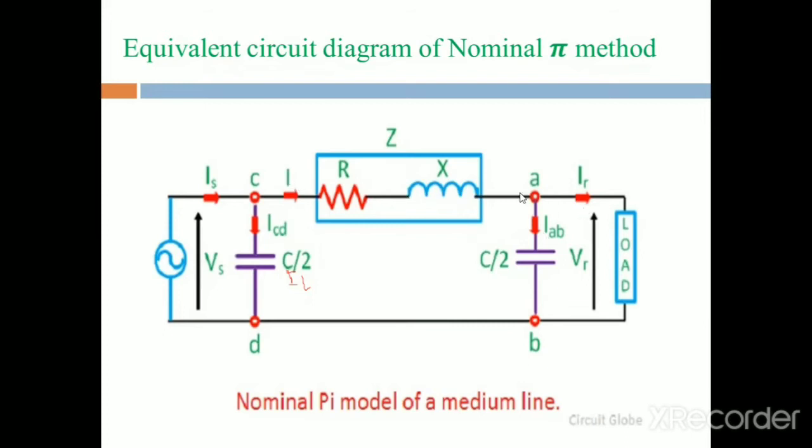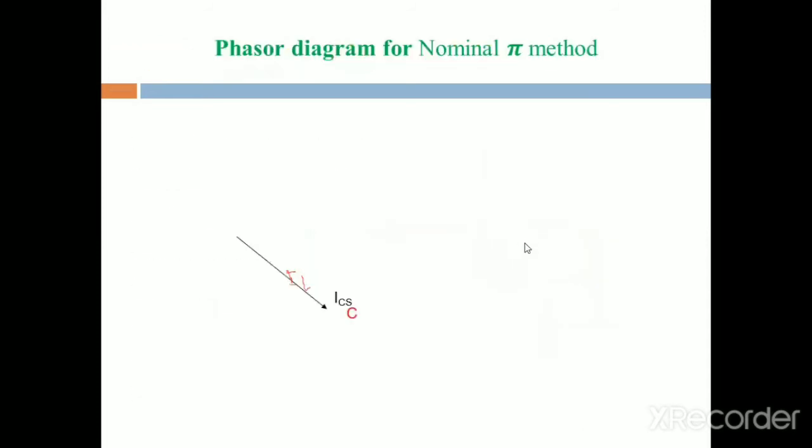Then IL is equal to IR, the receiving end current that is the leaving current, plus IAB. IAB means the ICR. That will be observed in the phasor diagram.